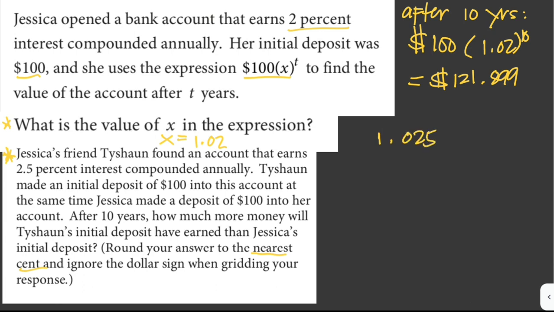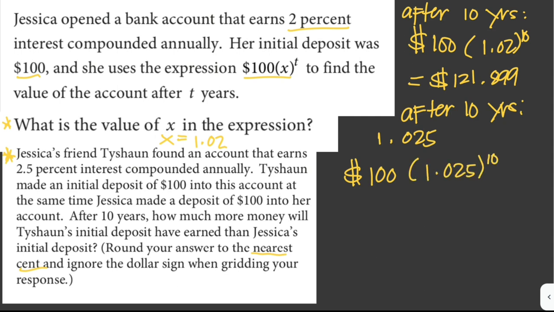So for Tishon after 10 years, that would be his initial deposit, $100 times 1.025 to the 10, which is just equal to $128.008 to the nearest tenth of a cent.